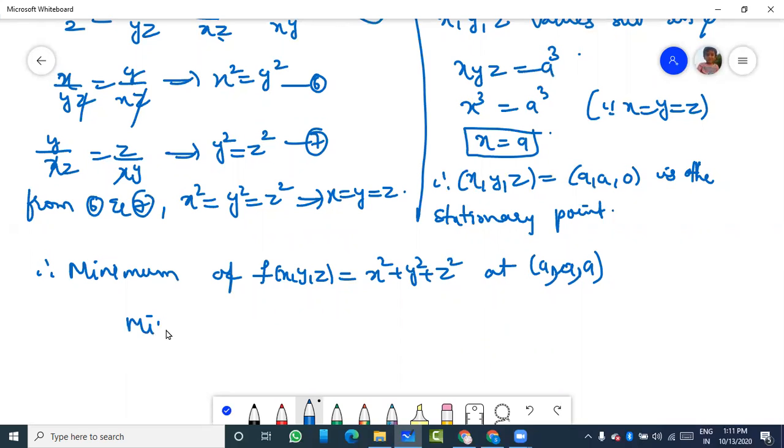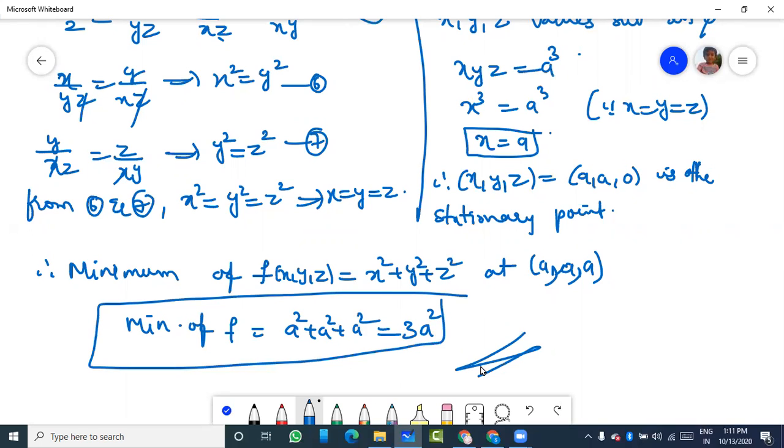So the minimum of f equals a square plus a square plus a square, equal to 3a square. It is the solution.